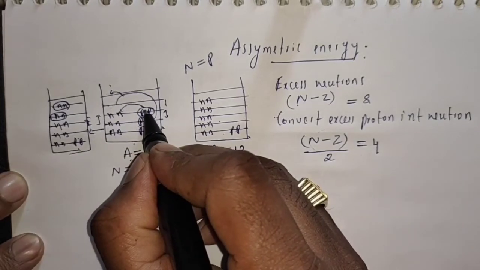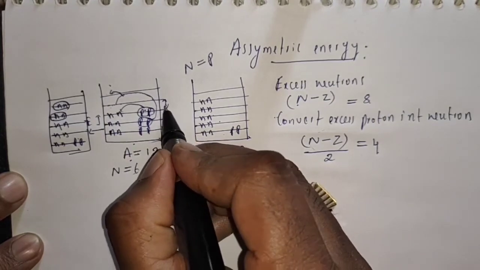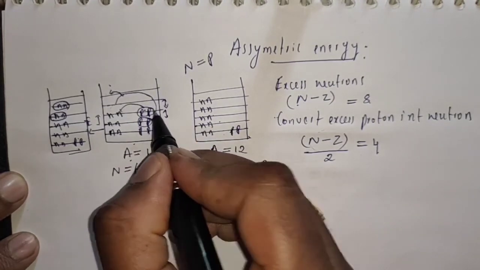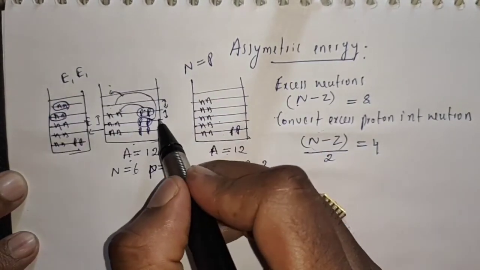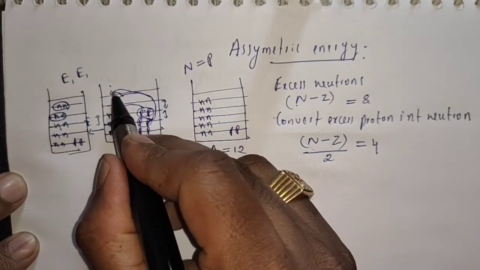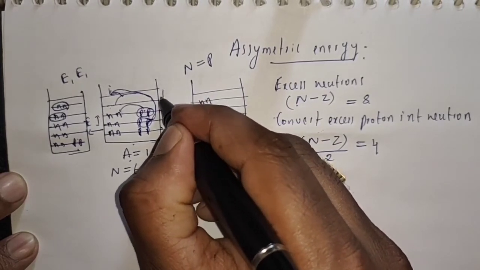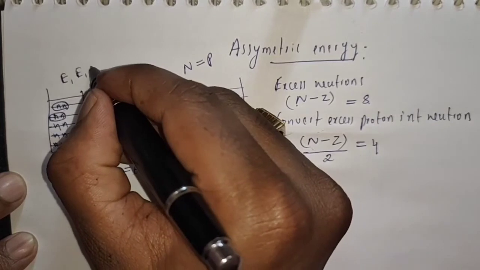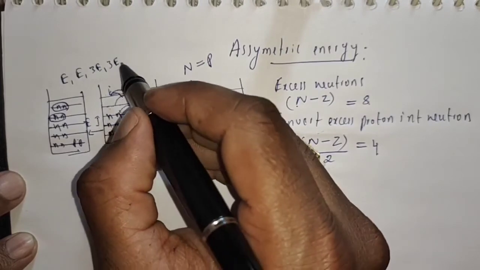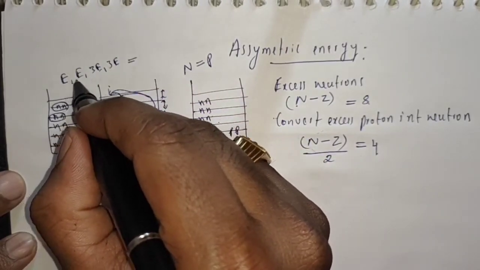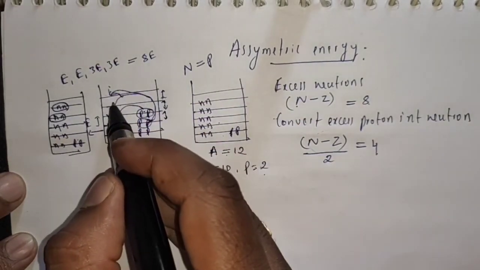These protons jump to this level, and it has an energy difference E. For each proton the energy is E, and for the next proton the energy is E. Then these protons jump into this level, and here we can see energy difference E plus E plus E, totally 3E for one proton and 3E for the second, and totally 8E is the total energy of the 4 protons which are converted into neutrons.